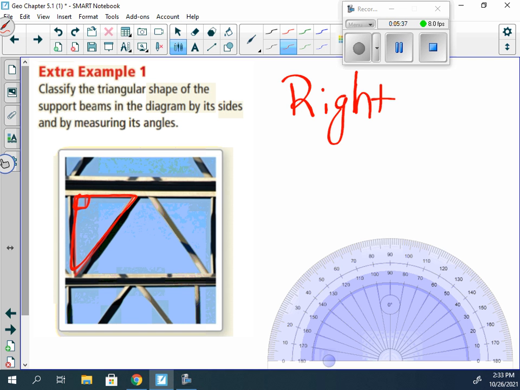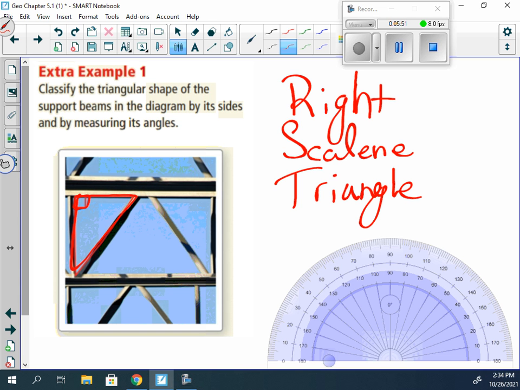Are any of the side lengths the same? No, we're not told any of them are the same, so it has to be what? So it's a right scalene triangle. It is a right scalene triangle because it has a right angle and none of the sides are the same, so it is a right scalene triangle.